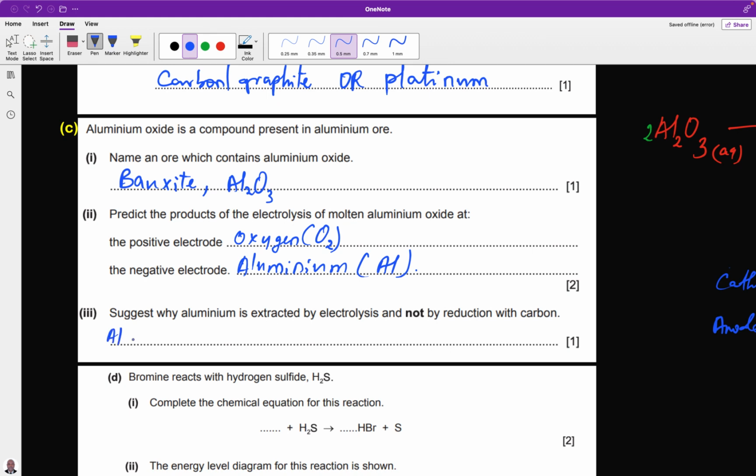Aluminum is highly reactive. Secondly, because it is less expensive.